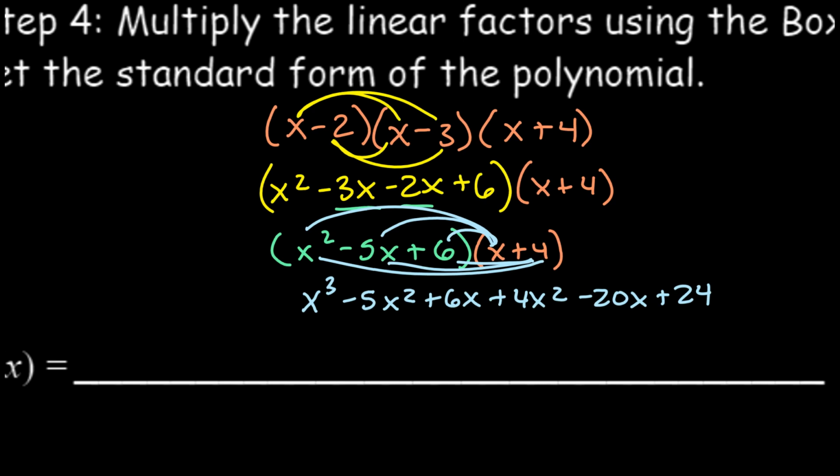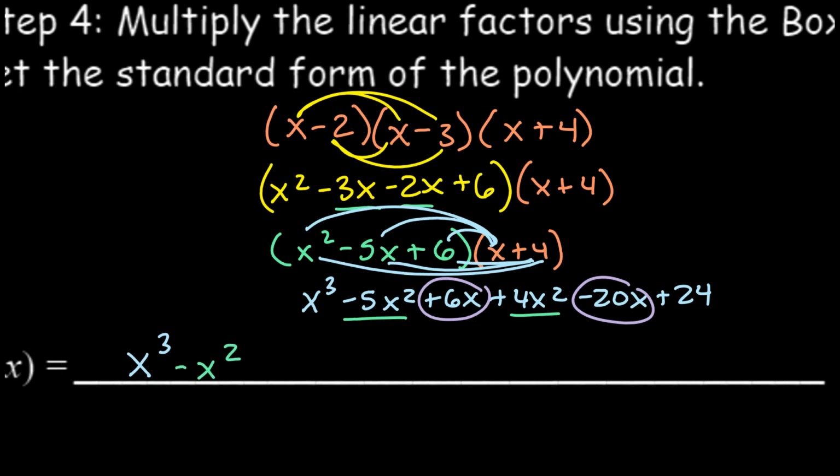Now what? Combine like terms. What are your like terms? The x squareds and the x's. So I end up with x cubed, which doesn't combine with anything. What do my x squareds combine to be? Minus x squared.